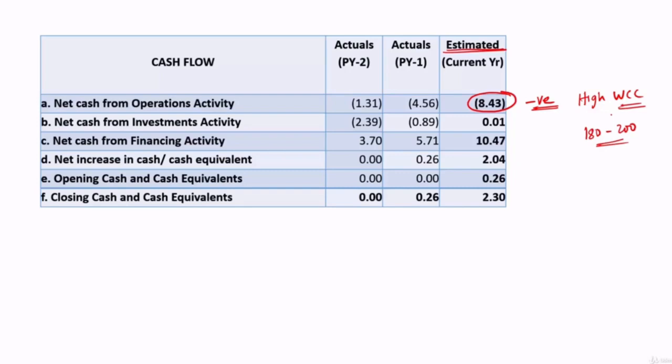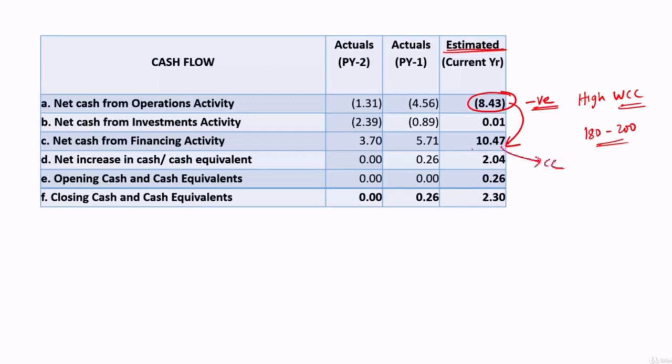They have to substantially invest in inventory and debtors. So they may be making good amount of sales, but substantial portion of that will be locked in the debtors, and because of that reason they will have negative cash flows under operations, which will get funded under financing activity in the form of a CC.